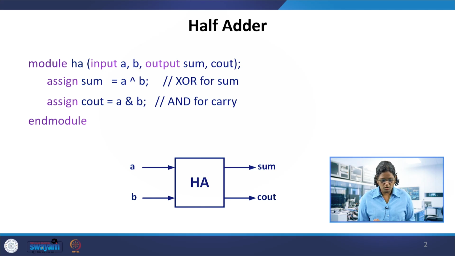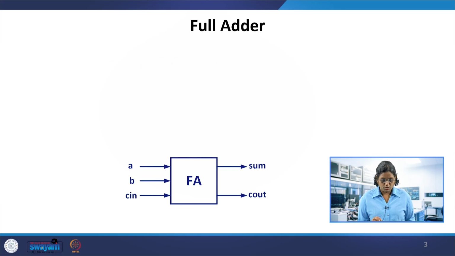This half adder module and the full adder module, we had already looked into the full adder, which is a 1-bit full adder with inputs A, B and C in. C in is the carry in, and the sum and C out are determined from the inputs.